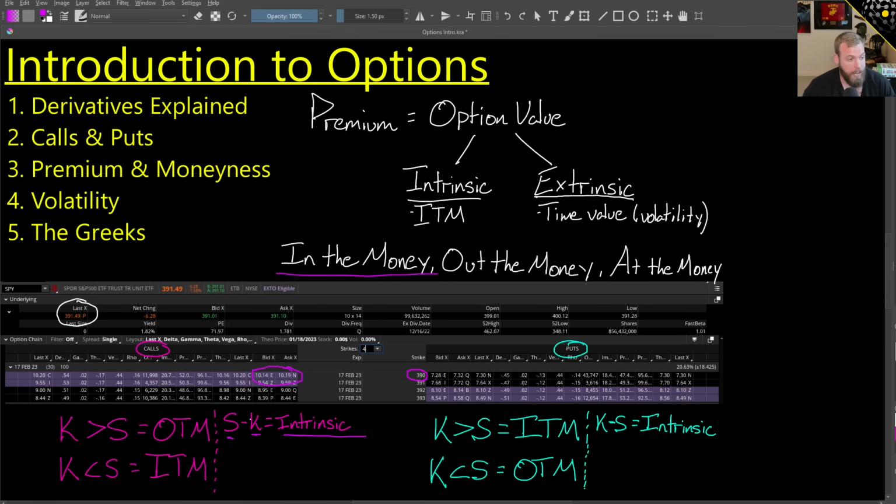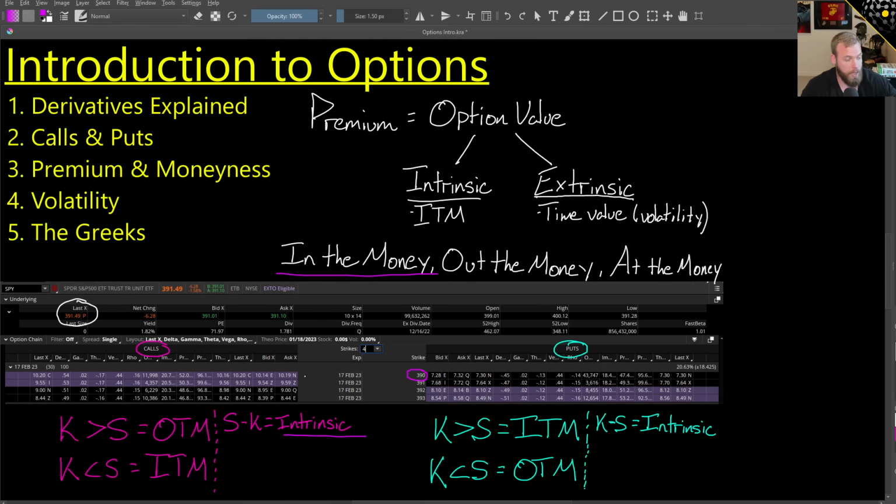You're going to subtract the intrinsic value, which we just calculated is $1.49. So out of that $10.20 in this options contract, $1.49 of that is intrinsic value. And then the rest is extrinsic value, which is time value. In this case, you can see that the option had 30 days left to go.